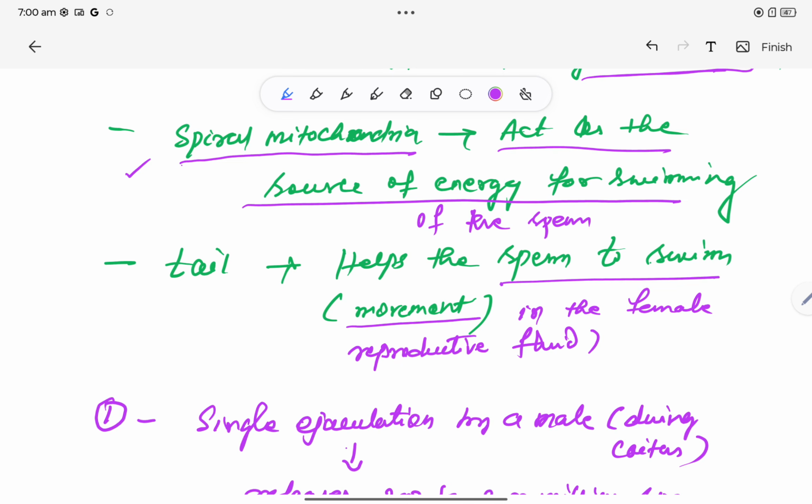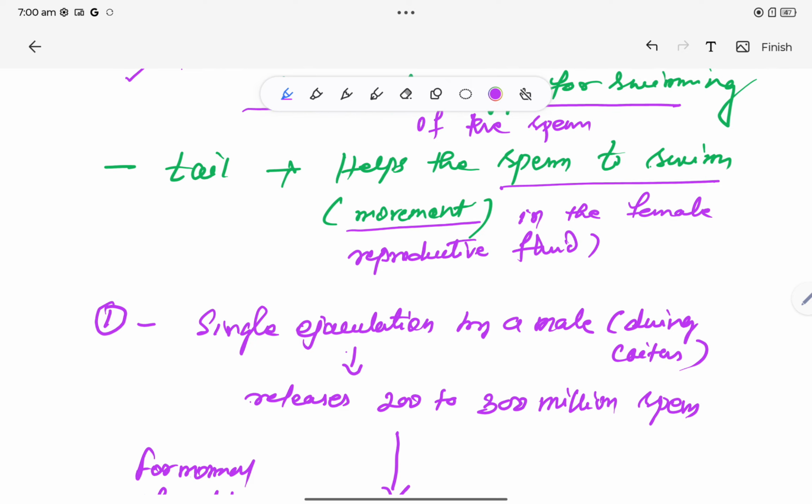Now the tail helps the sperm to swim, in the female reproductive fluid, because during copulation the semen containing the sperms is released into the vagina of the female, and from the vagina the sperm has to reach the ampulla, otherwise fertilization cannot take place. I will show you with the help of a diagram.